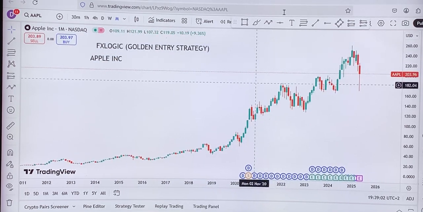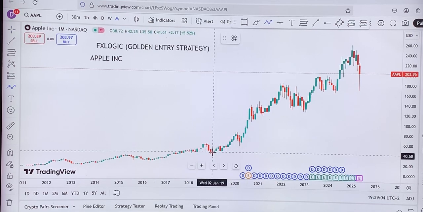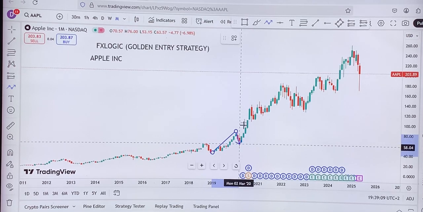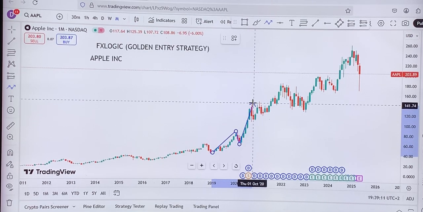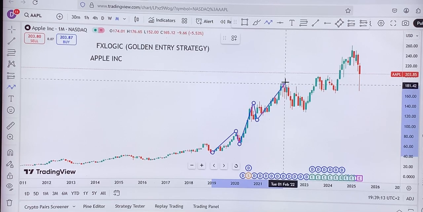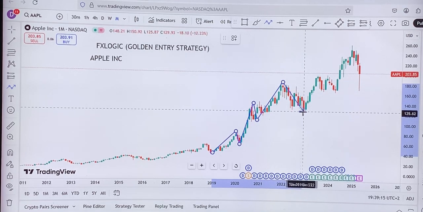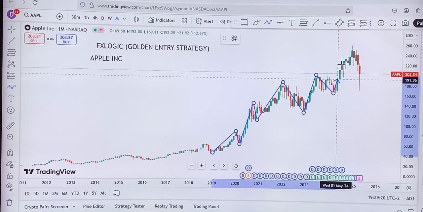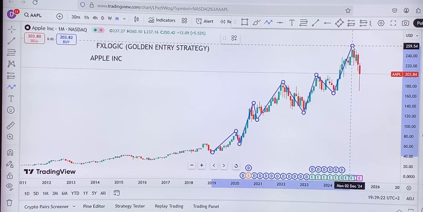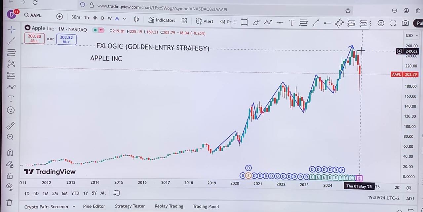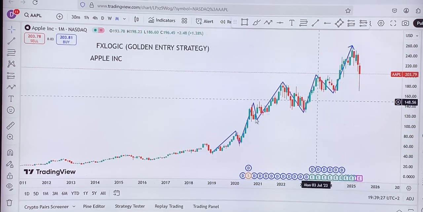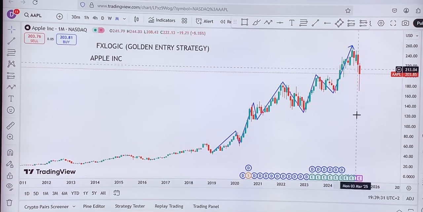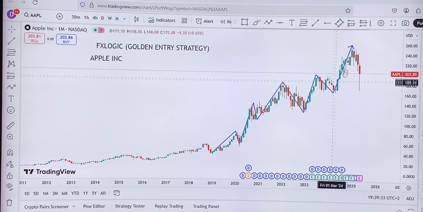So currently now we could see that price is making higher highs, higher low, higher high, higher low, higher high, higher low, higher high, higher low, higher high. Okay, so right now we can see that buyers are in charge of the monthly time frame. Overall analysis on the monthly time frame, buyers have this market.